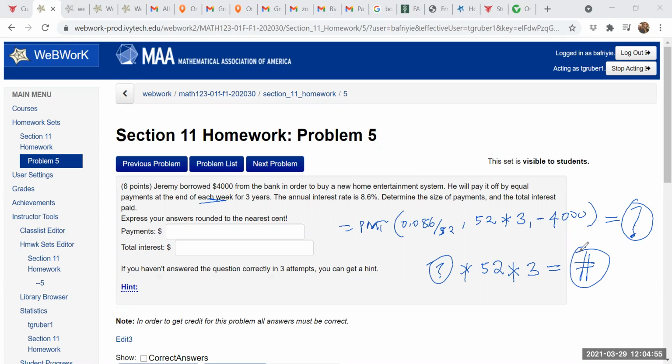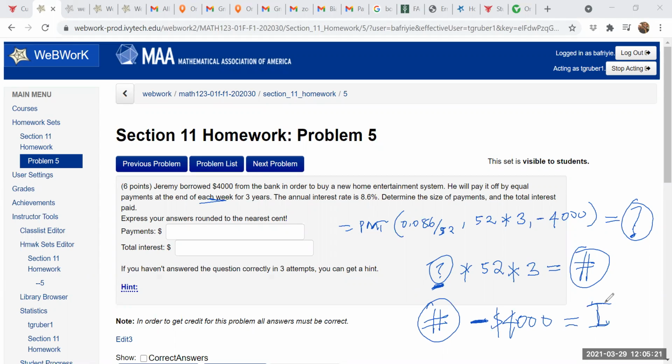Is that okay? And that payment includes the interest. So therefore, to know the interest over the period, you have to subtract this answer minus how much Jeremy borrowed, which is $4,000, to get the interest.